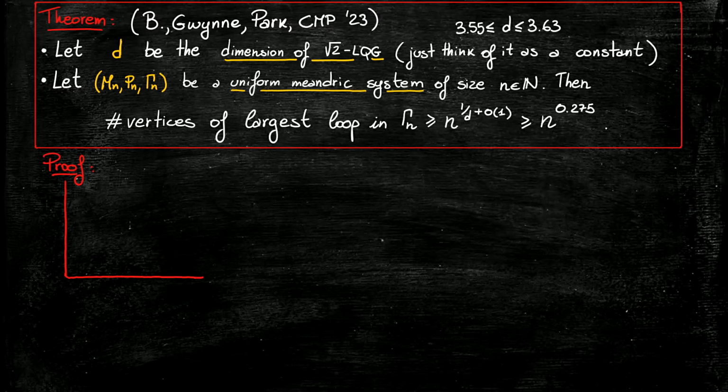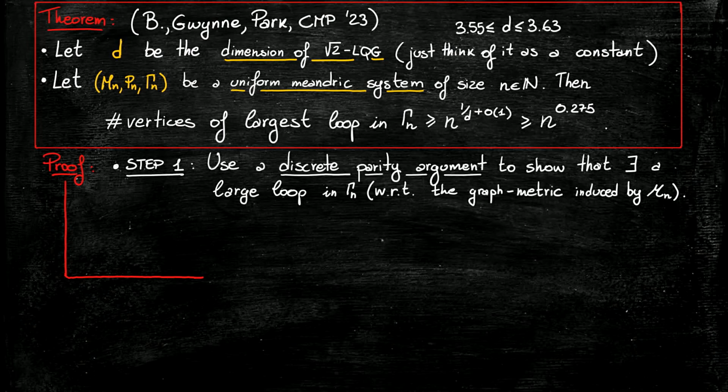I decided not to give you the proof because it's 5:30 on the fourth day of a conference, and I think no one wants to see a full proof now. But let me give you two words on that. The proof is divided in two big steps. The first step is completely discrete probability.